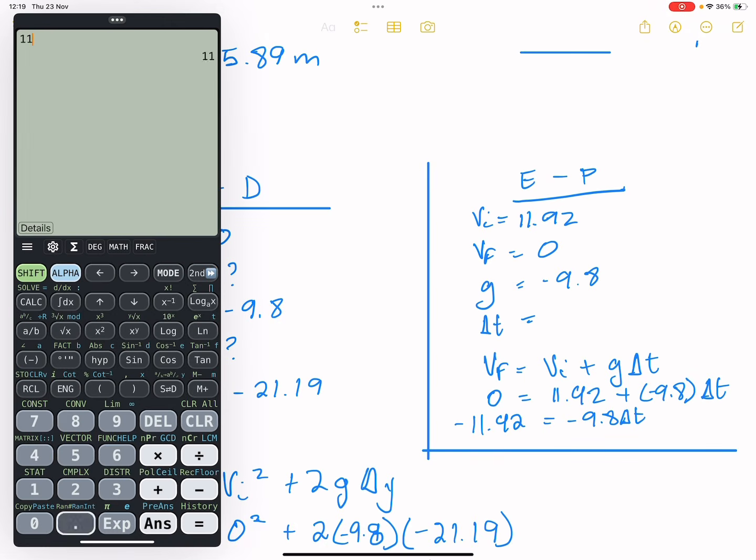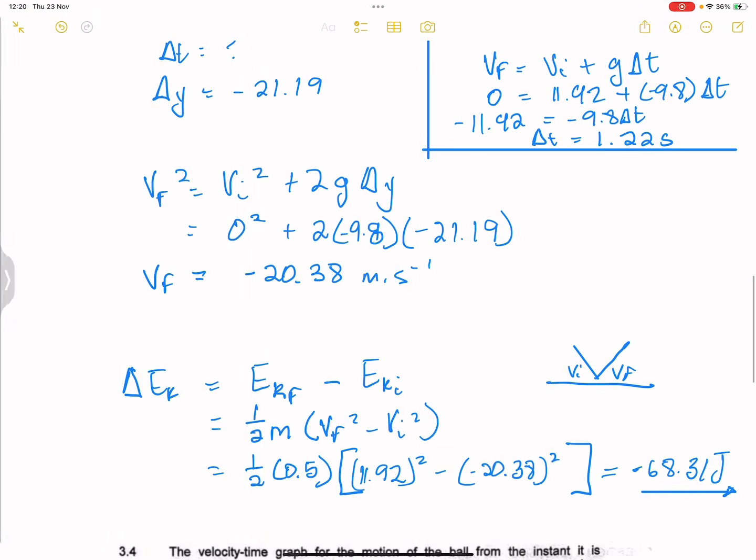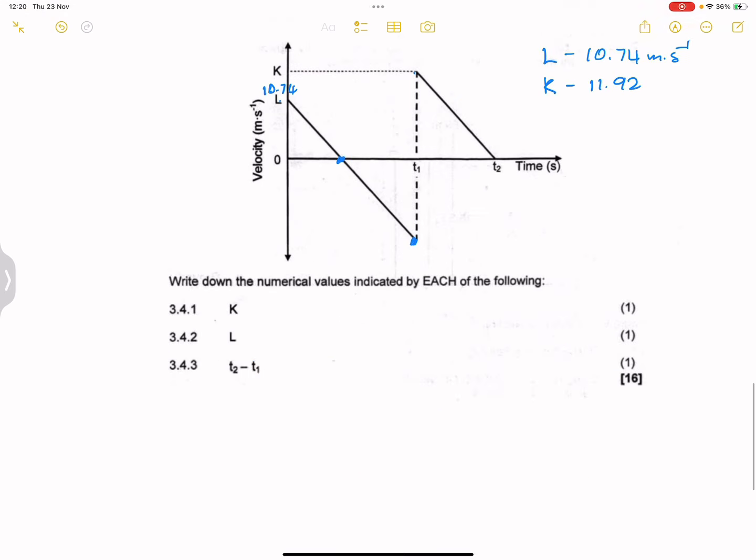We've got 11.92 divided by 9.8, and that gives us a time of 1.22 seconds, if we're rounding it off. So that tells us that T2 minus T1 should be exactly that time, which is 1.22 seconds.